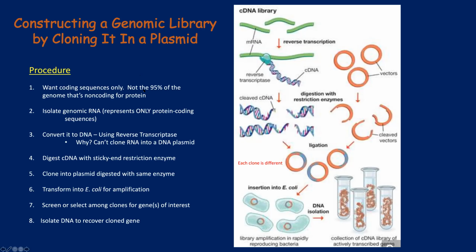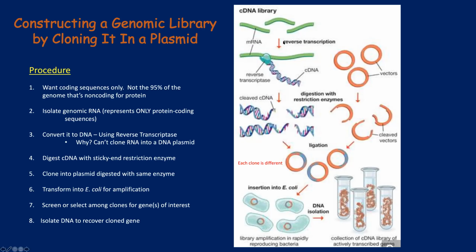Well, instead of starting with the isolation of DNA from your organism, you isolate messenger RNA. Why mRNA? It's because mRNA accurately reflects the protein coding genes. If a gene does not code for protein, it does not make a message.